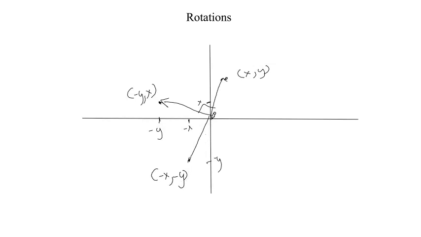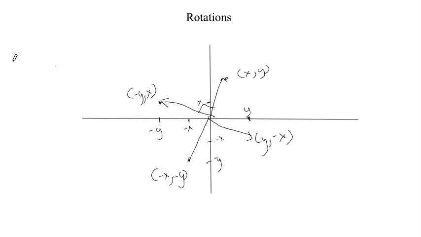And now finally, if we were to rotate it 270 degrees, or negative 90 degrees, we would get (y, negative x).